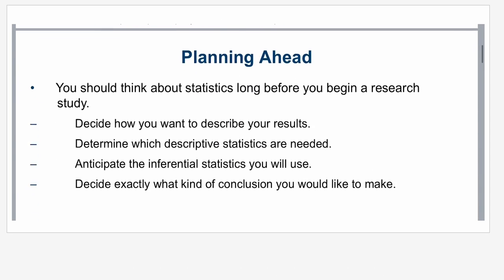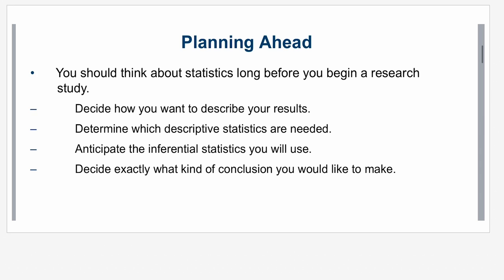So, before we get into more in-depth information about descriptive and inferential statistics, your book wants to make sure to point out that you have to plan ahead. What that means is you don't start thinking about statistics all the way in step 8. Step 8 is when you perform the statistics, when you evaluate the data.